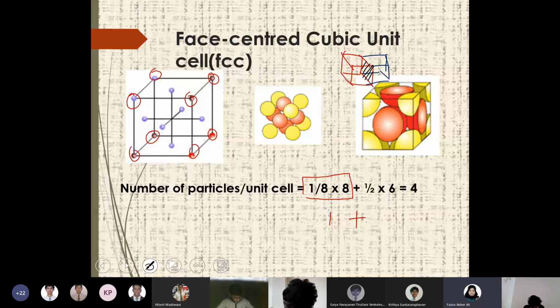Each face will be shared between 2 unit cells. Is that point clear? That means one face of a unit cell or one face of a cube will be shared with another unit cell or another cube when you arrange these unit cells in a crystal lattice, right?